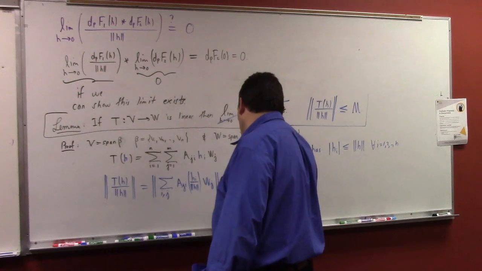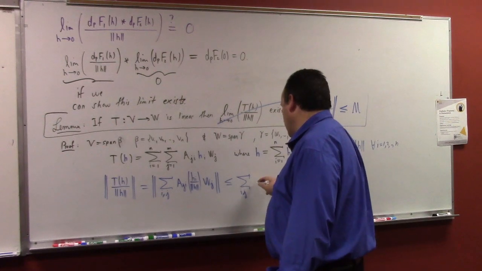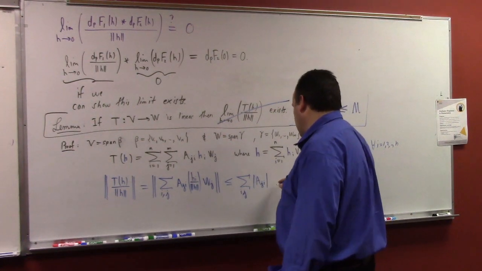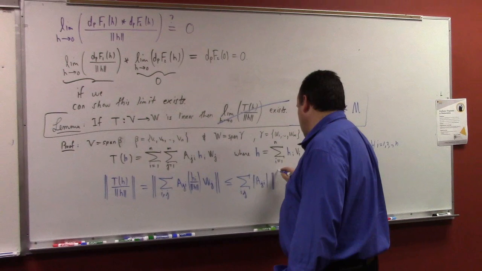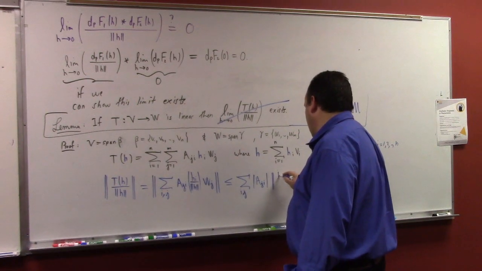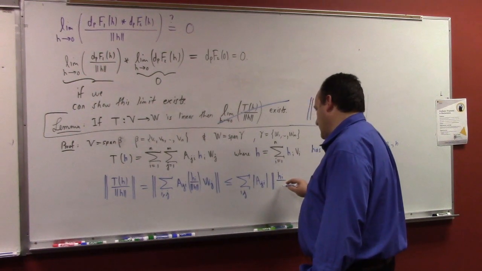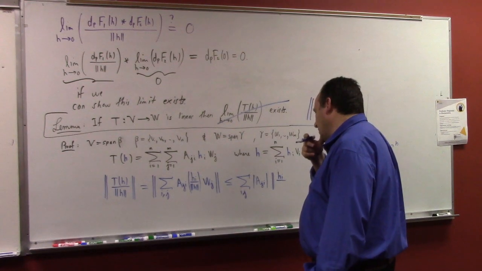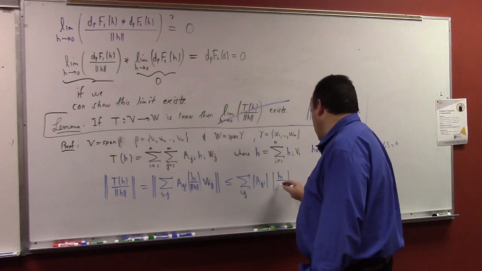the thing is, we're looking at the norm of the sum. I'm just going to put I and j and not write it out, but you've got yourself an AJI, you've got HI over the norm of h, I can bring that there, and then you've got your WJ here. Now that is less than or equal to the sum over IJ of the absolute value of AJI, and then times the norm of HI over the norm of h. Well, this is just a number, absolute value on that guy.